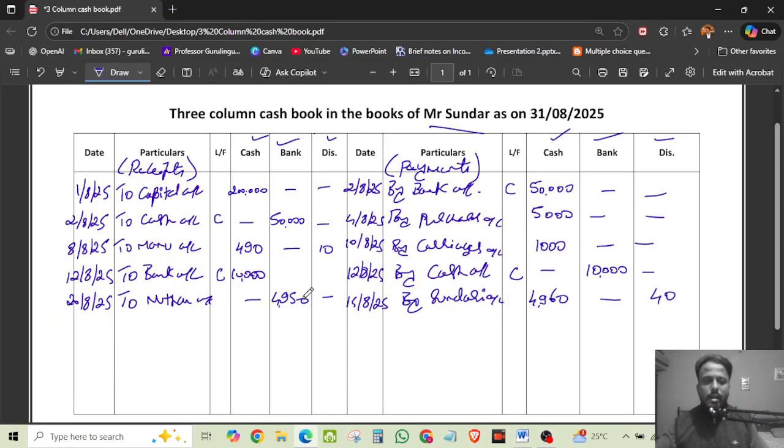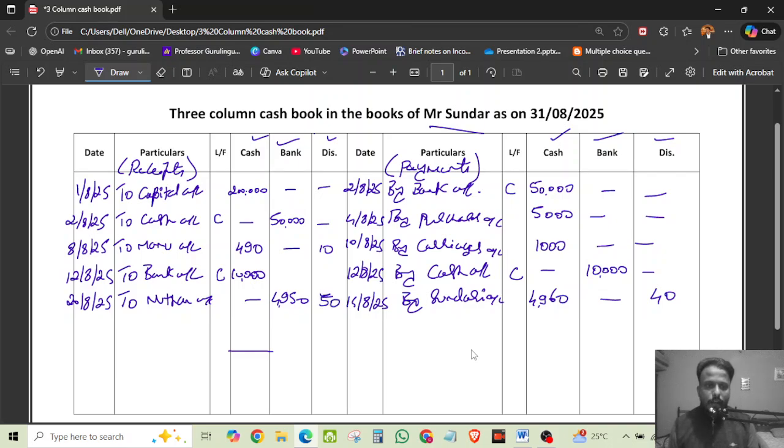All the entries are made. Now it's time to balance it. We have to check which side is greater. In this question, in the first column, cash on the debit side is greater. I've already added everything, but one more thing I missed to write here, that is discount.